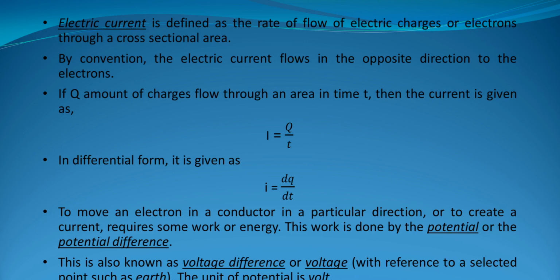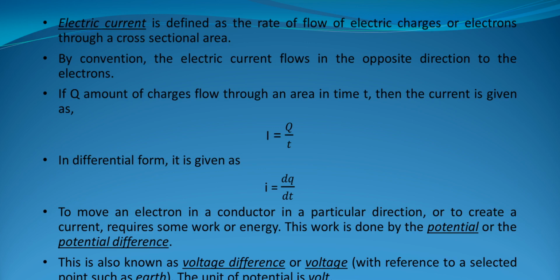In the same way, if you want to try and move an electron in a conductor in a particular direction, you need to apply some energy or some work. This work is done, or this energy is supplied, by the potential or the potential difference.